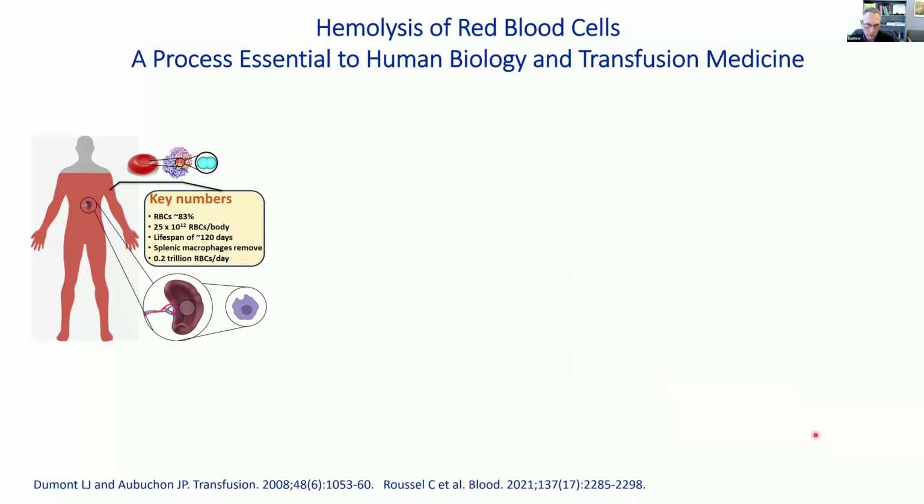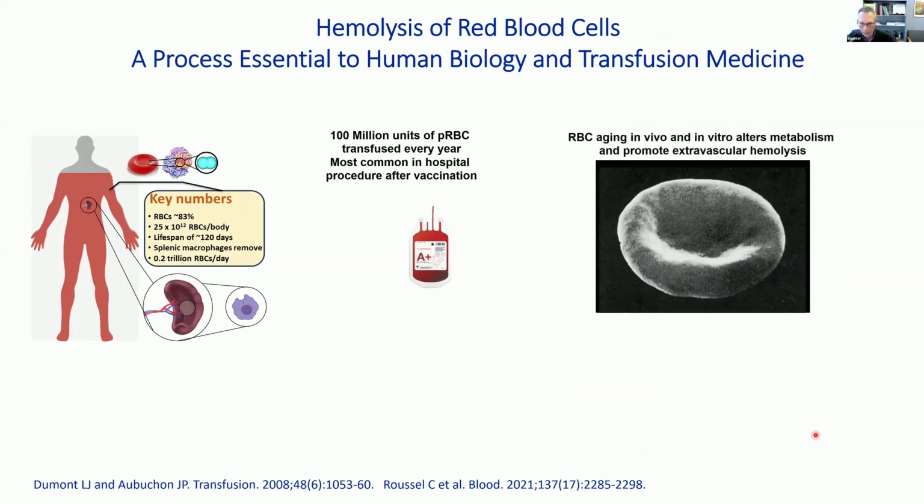So hemolysis itself in vivo, or in circulation in a living system, is essential to biology, really, because we are always clearing red cells. This typically happens through the spleen, red pulp macrophages. But when we look at post-transfusion recovery, it's largely affected by the morphology of the red cell. This is the basic biconcave shape of a red cell.